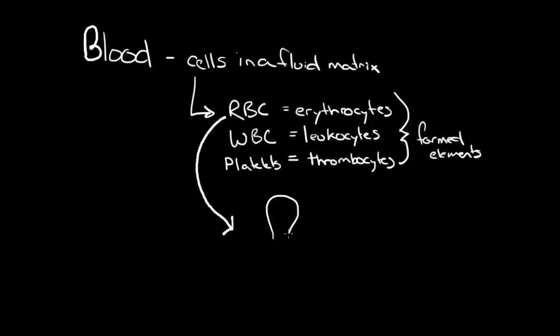It's kind of wide around the margin and narrow toward the center. And so it's concave on one side and concave on the other side. And so that's why we call this a biconcave disc.